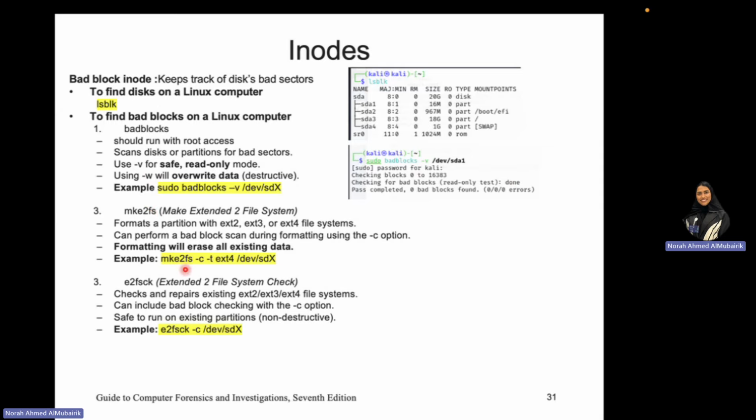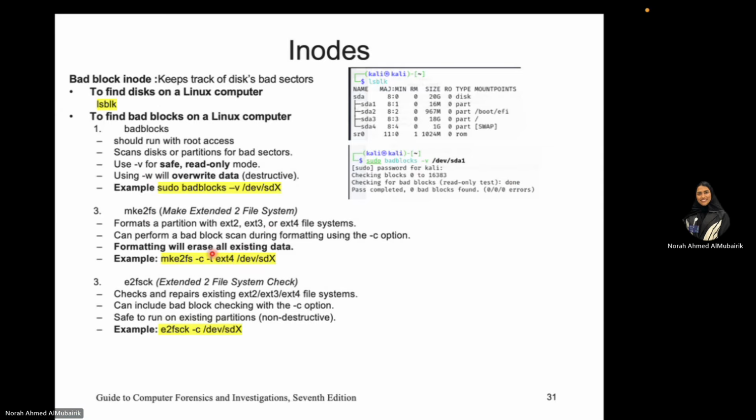So I can type mke2fs -c. The -c means scan during formatting. And then I will tell it to format this partition with a file system, because I can format any disk with fourth extended, third extended, second extended, with any file system.